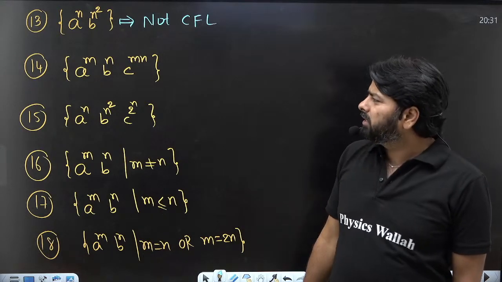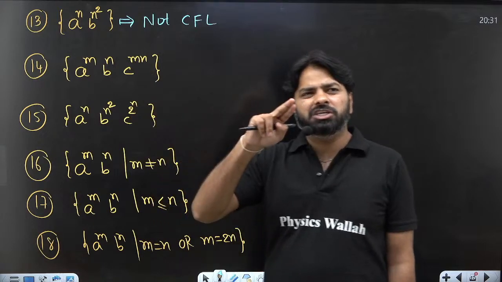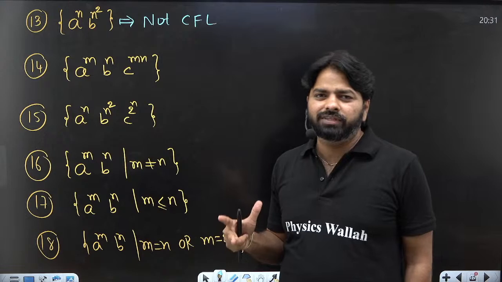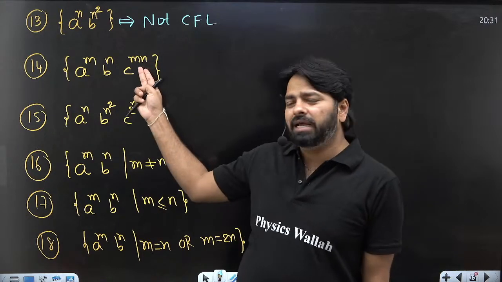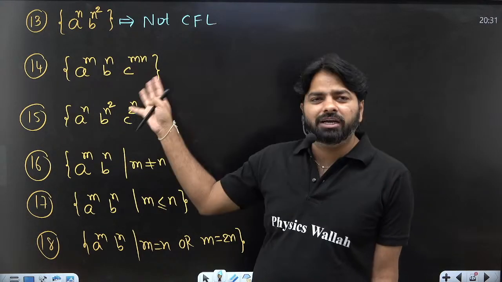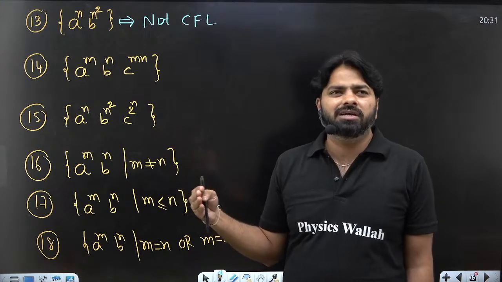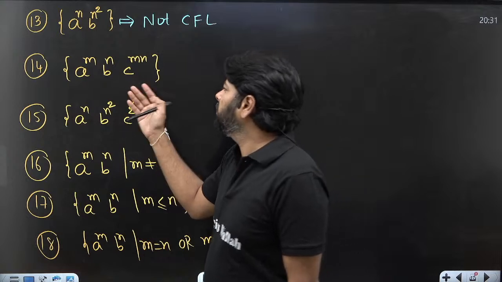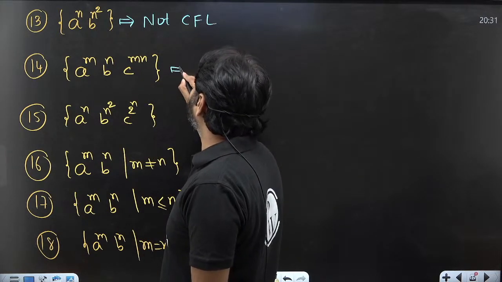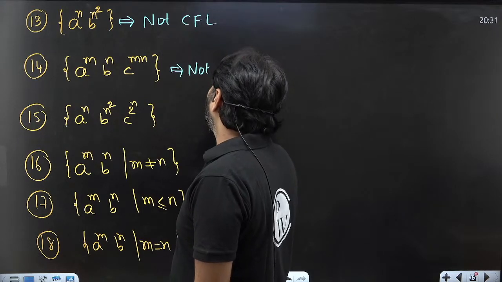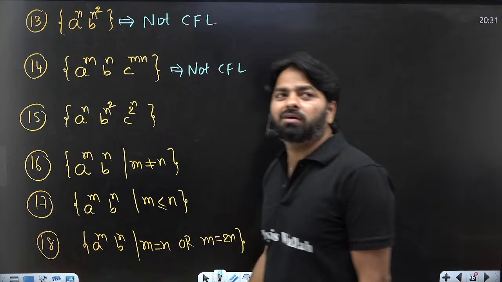14th, that mn, multiplication of two counts. See, the sum of two counts you can do with the help of a stack, like m plus n, c power m plus n. We can do it because that's possible, but multiplication is not possible with the help of the stack. It's again not CFL, meaning not regular, not DCFL, and answered.